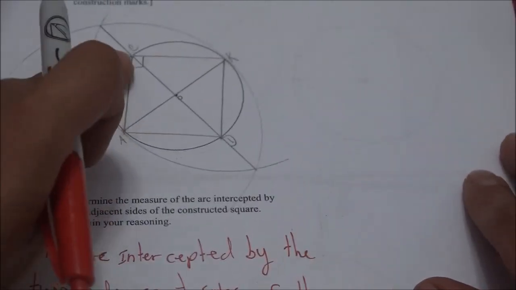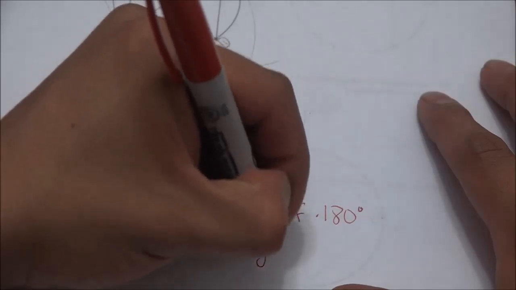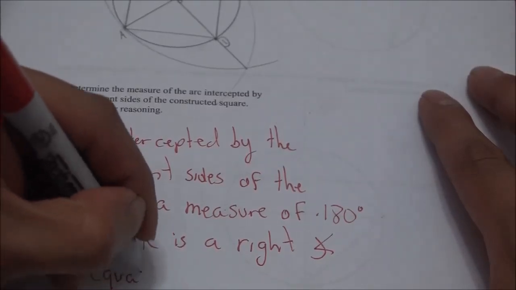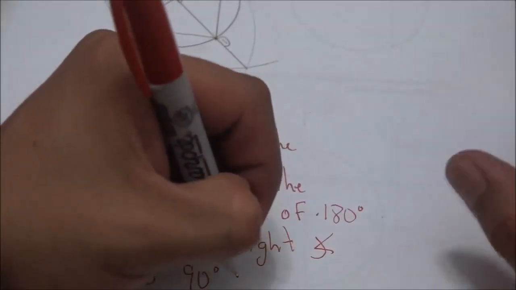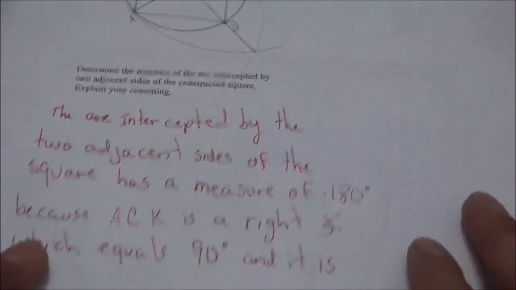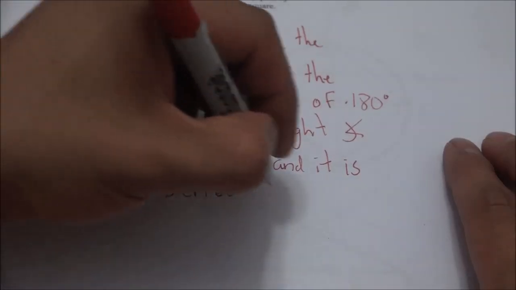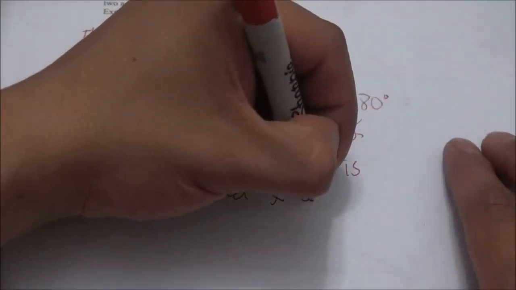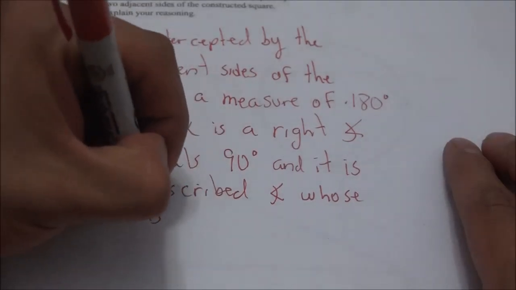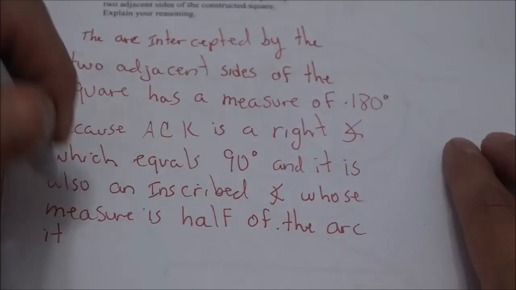So because angle ACK is a right angle, which equals 90 degrees, and it is also an inscribed angle whose measure is half of the arc it intersects.